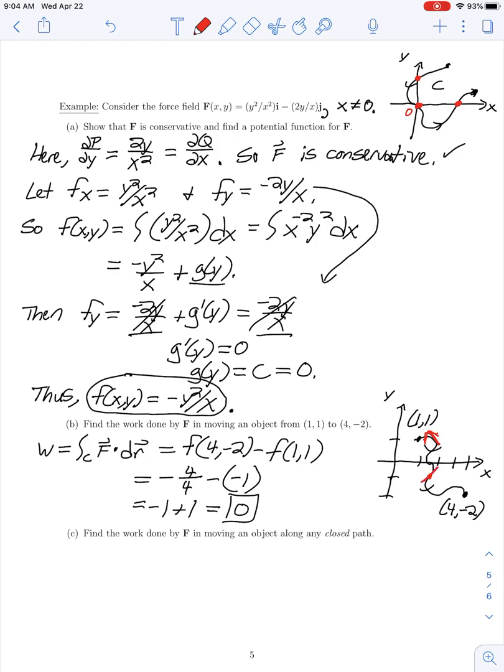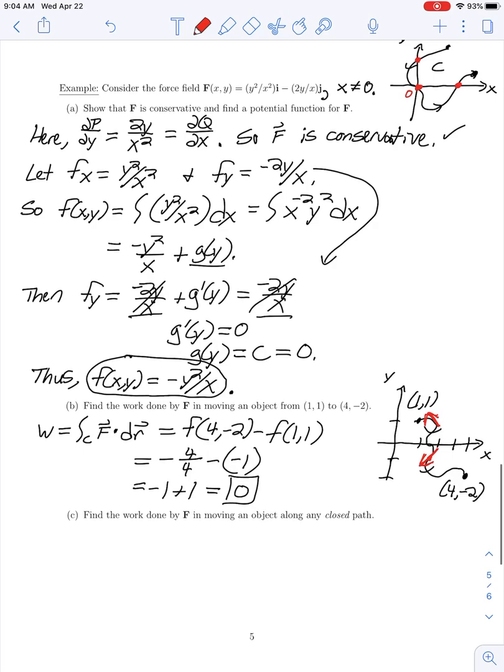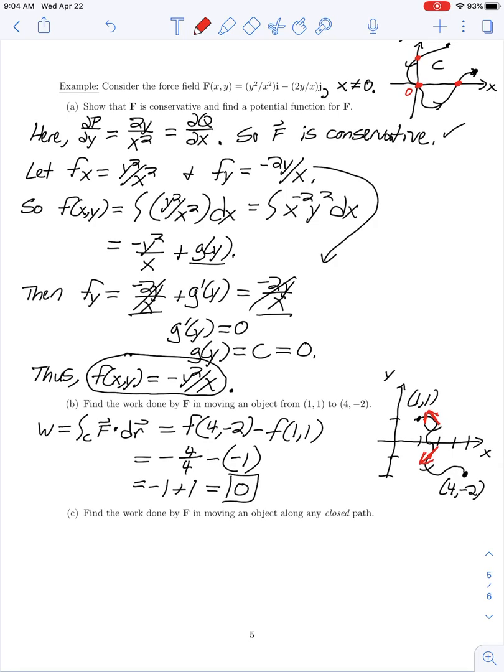And at other points, our force field is moving with the direction of the trajectory of our object. So if we sum the values of this force along that path, we find that the sum would be 0, or the work done by that force field as our object moves along this curve is 0.